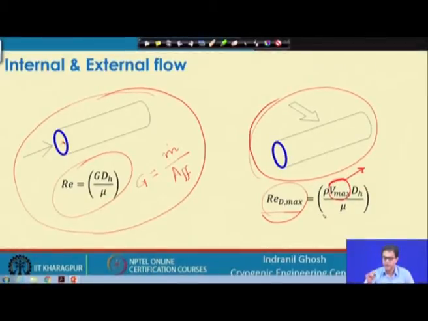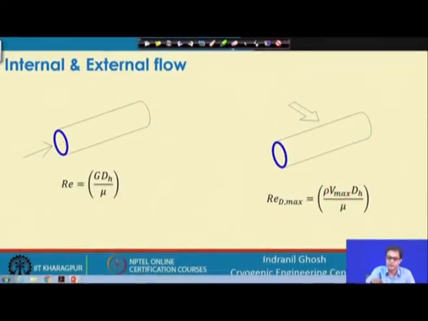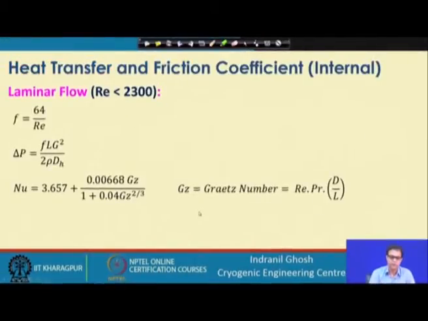We are defining the Reynolds number by rho V max d by mu, where d is the external diameter of that tube, rho is the density, and mu is the viscosity of that liquid. So, this is how we have defined the Reynolds number. That justifies our estimation of looking for the maximum velocity in case of flow over bank of tubes.